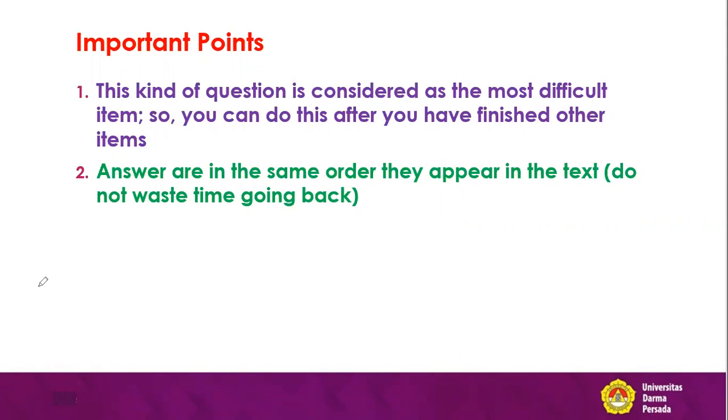What does it mean? It means that question number 1 is supposed to be something very general, for example about the main idea, something we discussed about 3 weeks ago, if I'm not mistaken. And then question number 2 is supposed to be in paragraph 1, question 3 in paragraph 2, and question number 5, for example, in paragraph 4.